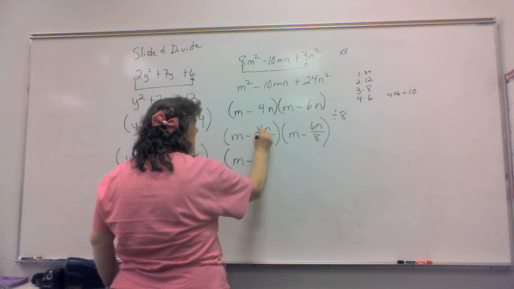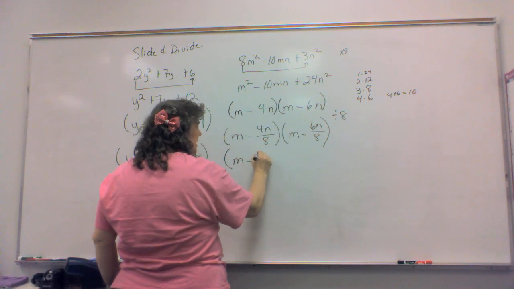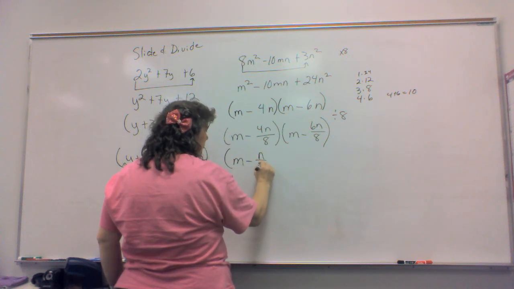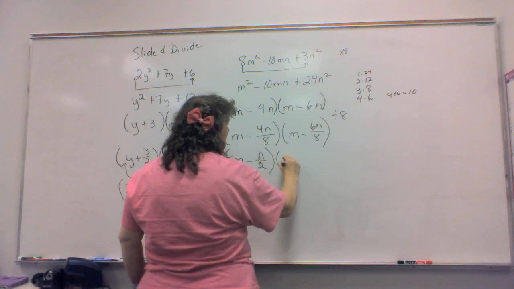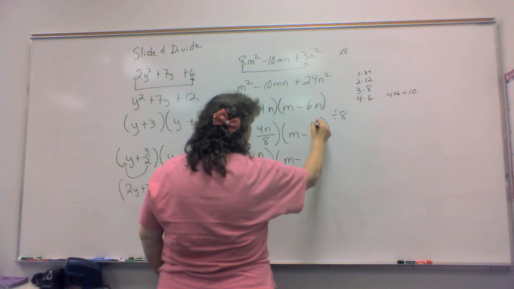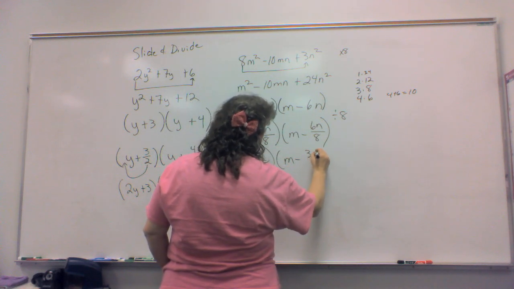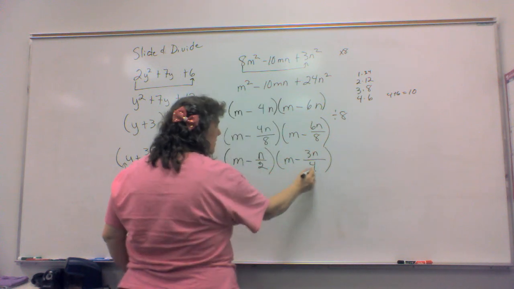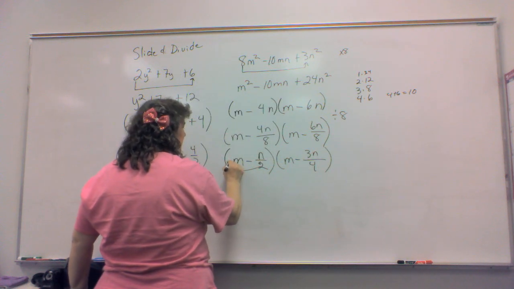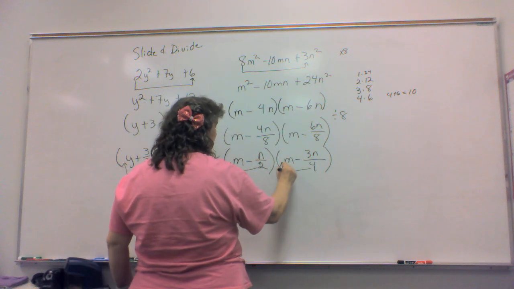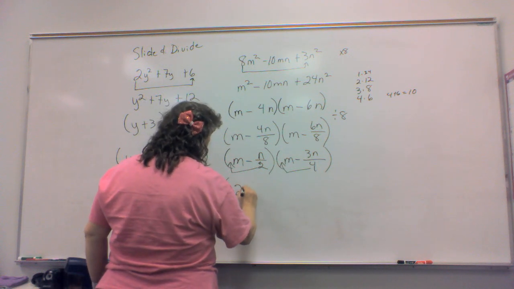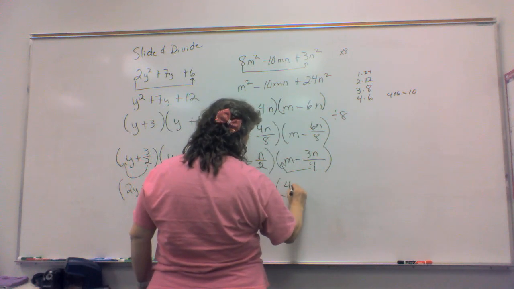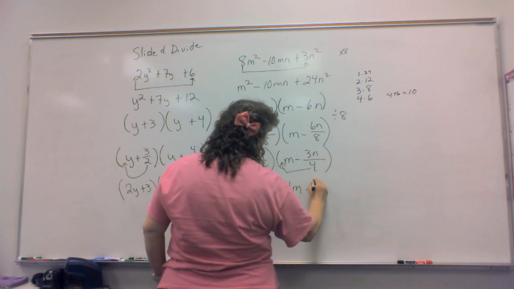M minus, this simplifies to n over 2, and this one is m minus 6n divided by 2 gives me 3n over 4. Denominators in both cases, slide it back to the front in both cases. So you have 2m minus n and then 4m minus 3n.